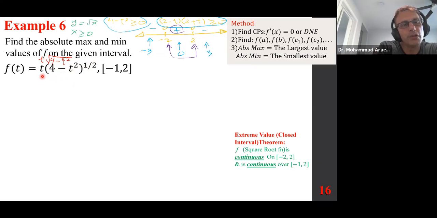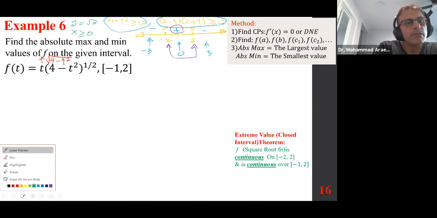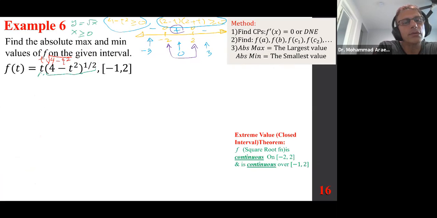Plus, so f prime g plus g prime f. So f prime, this is f, this is g. Now differentiate this. Maybe I write that underneath here. So this is the f function. This whole thing is the g function, okay?